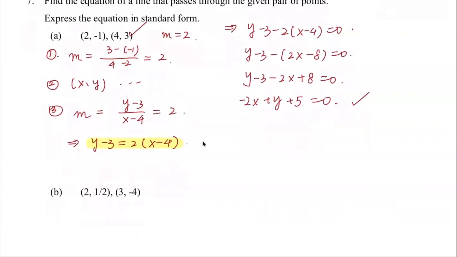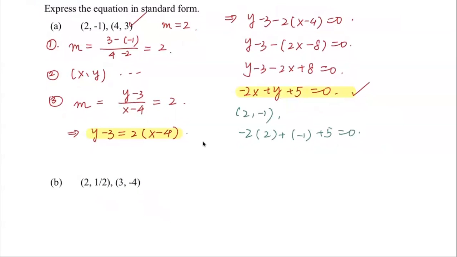So let's use 2 minus 1. Okay, so minus 2 times 2 plus minus 1 plus 5 is equal to 0. So if this equation holds, then that means the expression right here we found is correct.